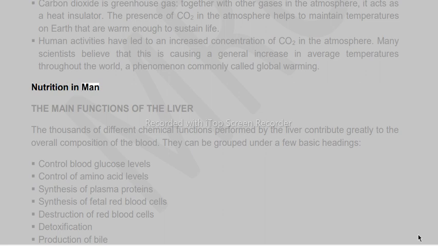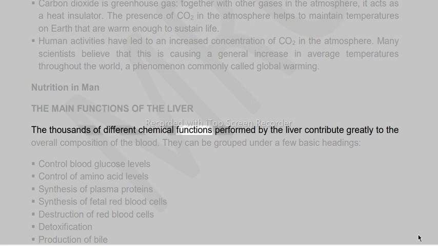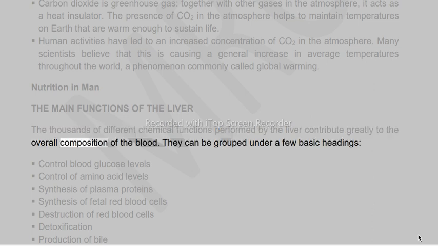Nutrition in man. The main functions of the liver. The thousands of different chemical functions performed by the liver contribute greatly to the overall composition of the blood. They can be grouped under a few basic headings.